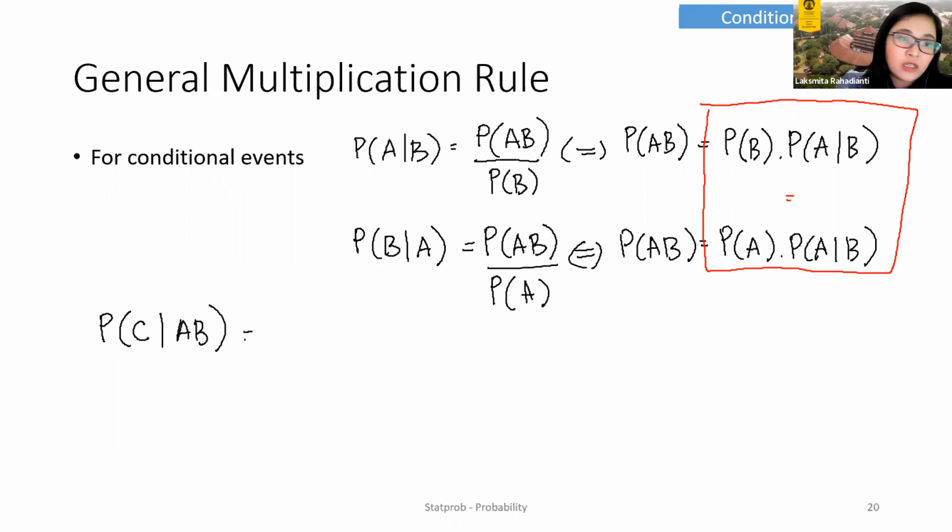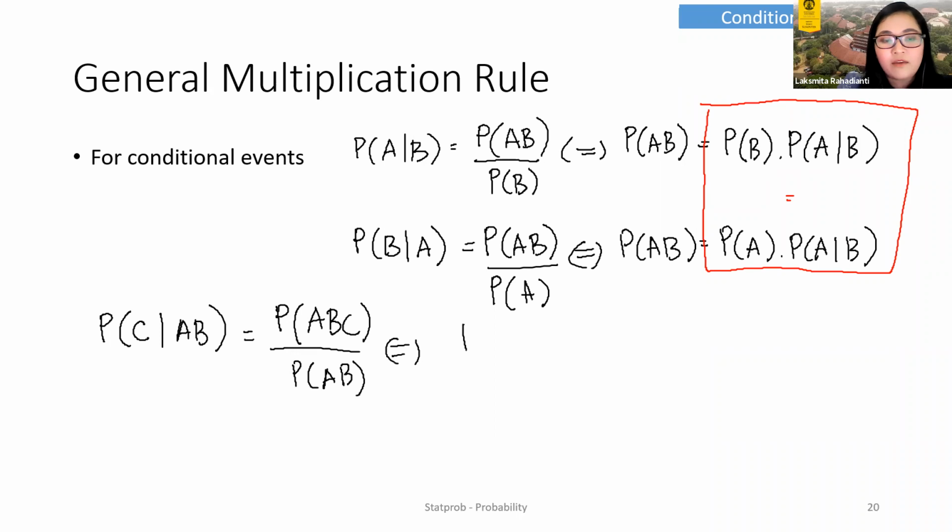So once again, using our trusty conditional equation, I can write this as the probability of C intersection AB, which I can write in any way I want. I could write it ABC, BAC, CAB, divided by P(AB).